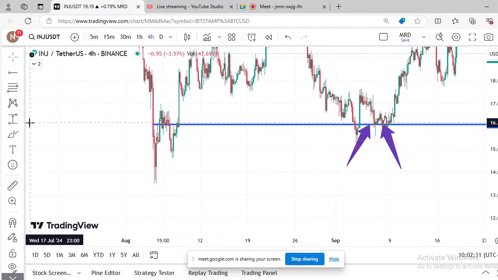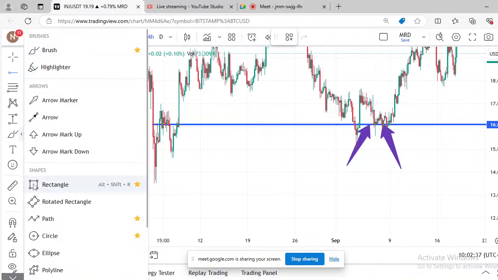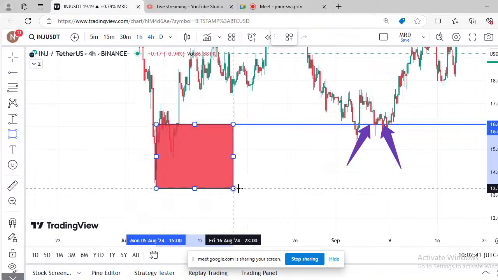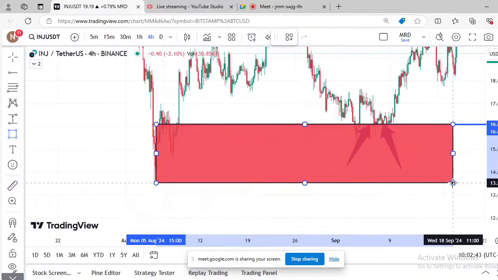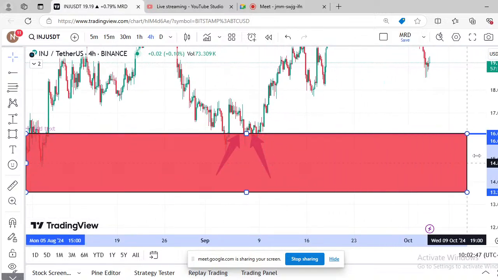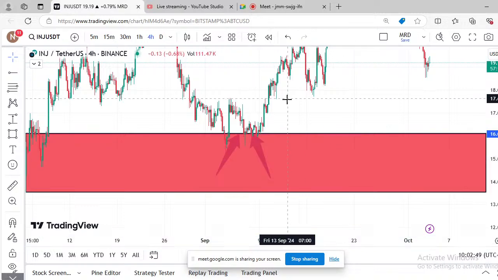So, like I told you the other time, we consider its close and the lowest point. So, it was supposed to be like this. This was the demand zone. Okay?